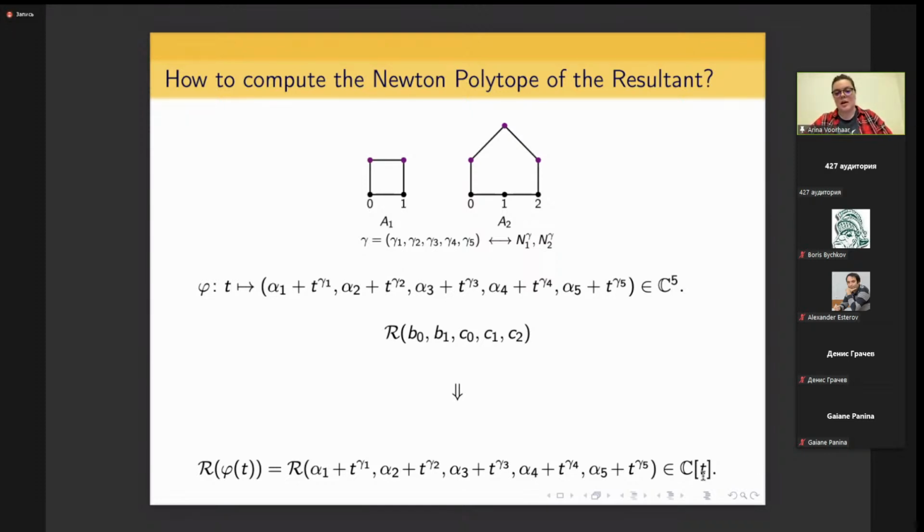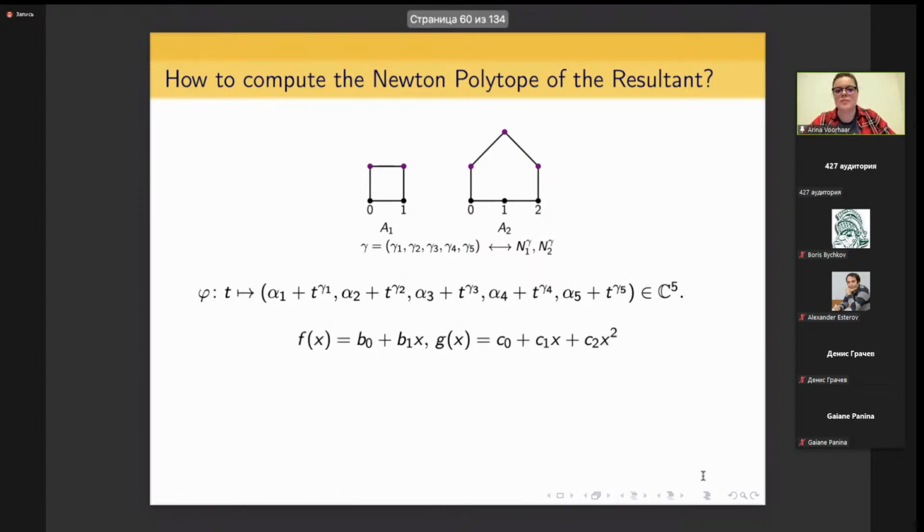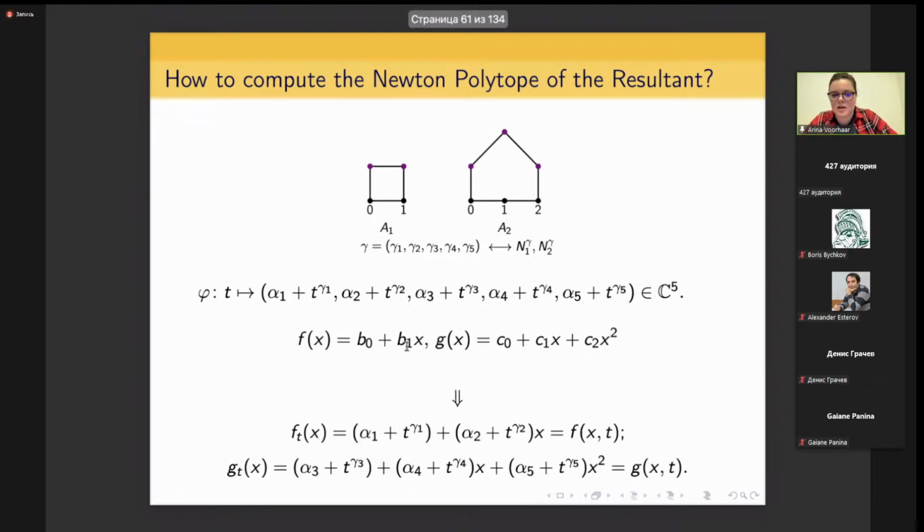Another thing that we can do: our polynomials f and g are polynomials in one variable with coefficients b0, b1, c0, c1, c2. Again we have 5 coefficients, and we can plug in each of the components of the curve instead of those coefficients. What we get can be viewed simultaneously as 2 different things.